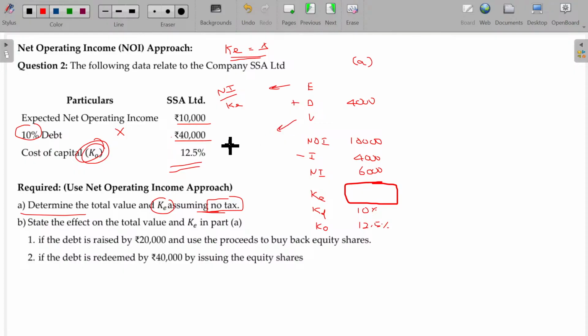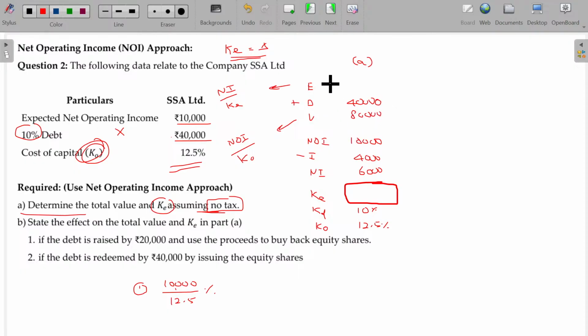Value can be calculated how? NOI divided by KO is the formula for value. In the very first instance, NOI being 10,000 and KO being 12.5%, the value is 80,000 rupees. Debt is 40,000.